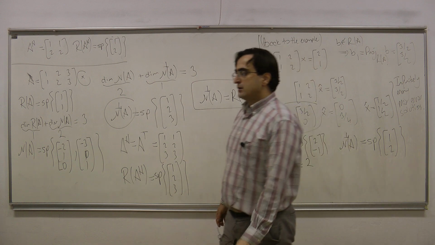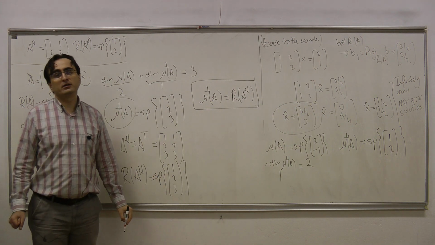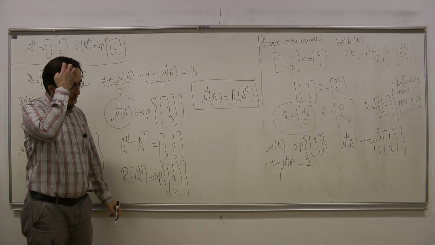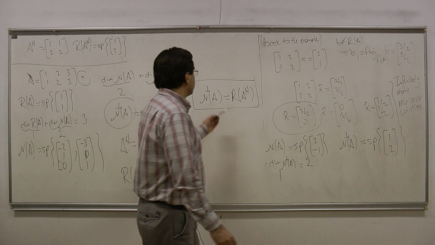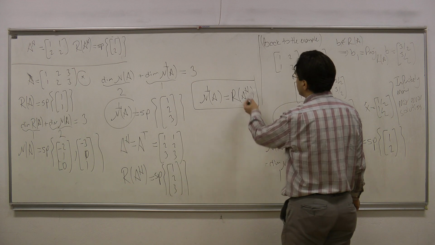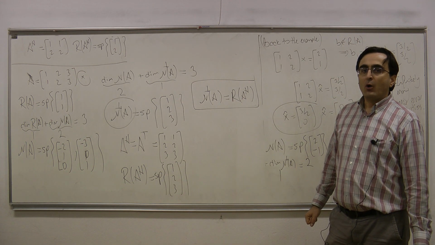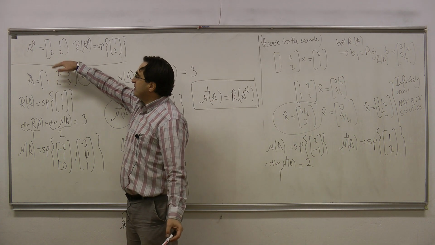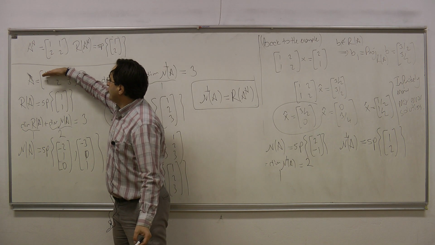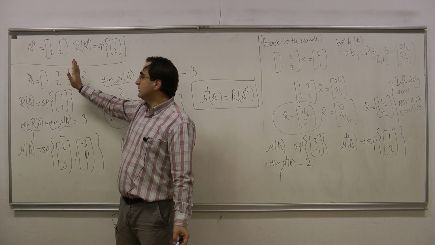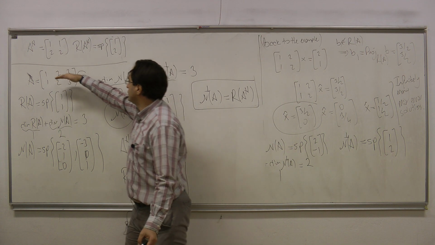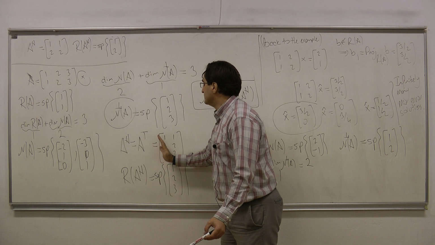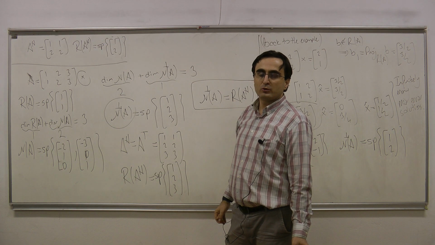In linear algebra, this is called the fundamental theorem of linear algebra. It is an extremely important fact. And what does this tell us? The null space of A orthogonal complement is equal to the range space of A Hermitian. What is the range space of A Hermitian? When I take the transpose of a matrix, the rows of the original matrix become the columns of the transpose, or the Hermitian.